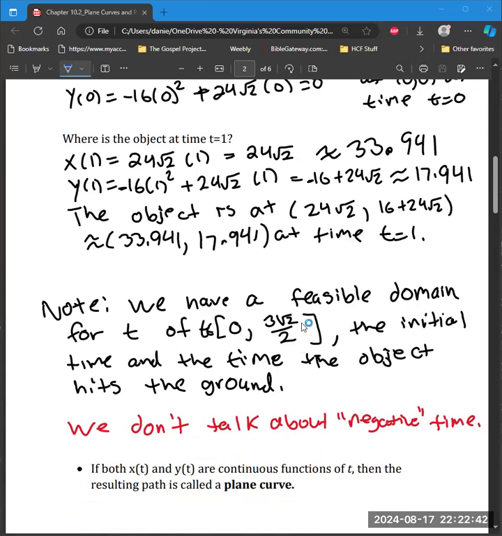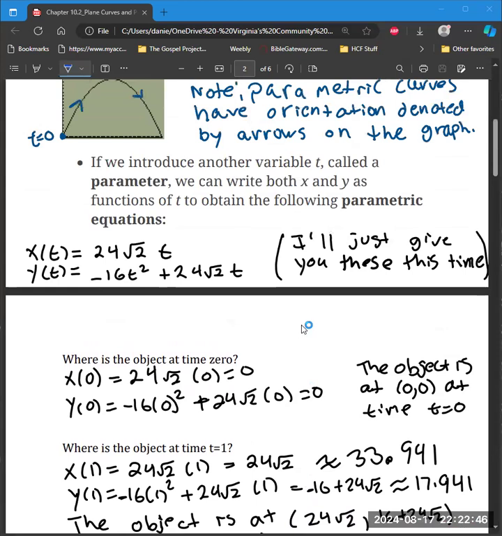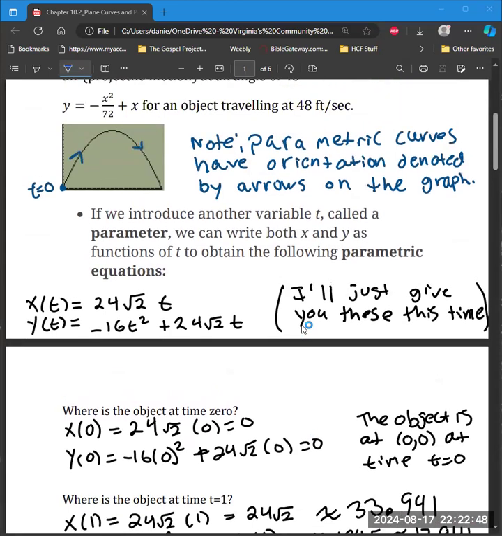I solve for when I hit the ground over here by saying that y is going to be 0 there, so negative 16 t squared plus 24 root 2 t needs to be equal to 0. And I'm going to pull out a negative 8t.